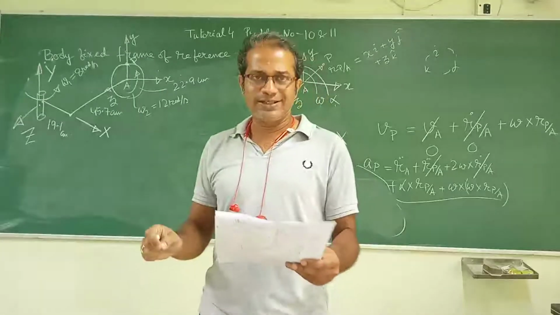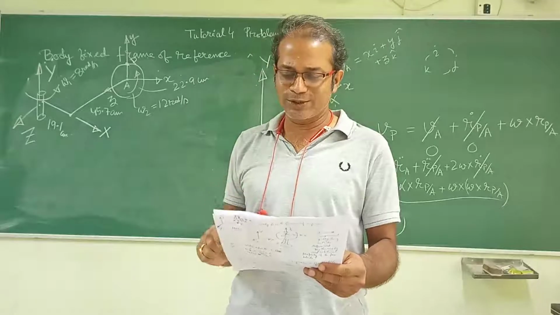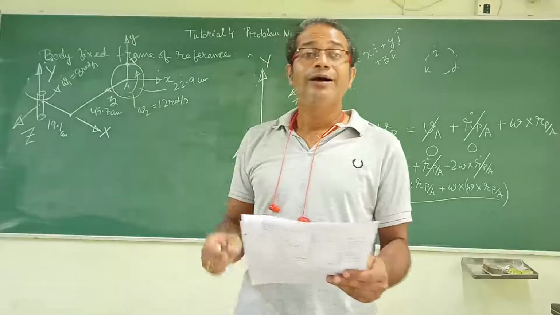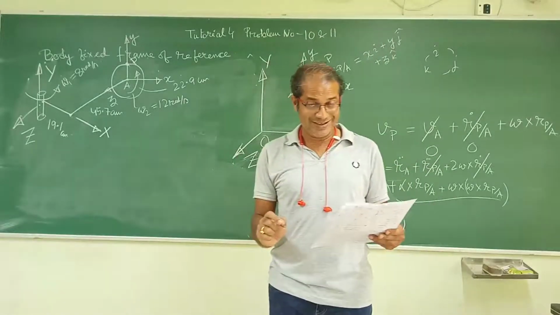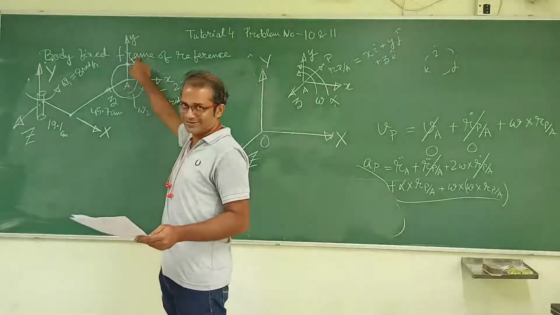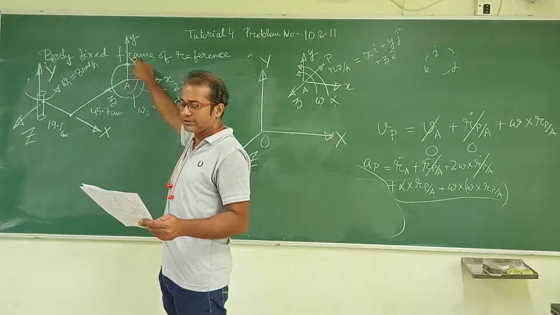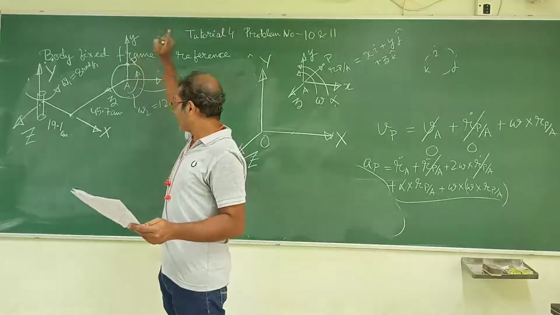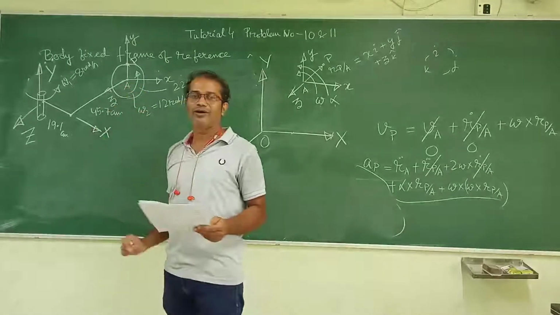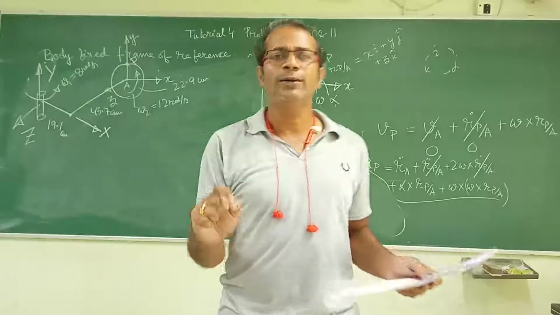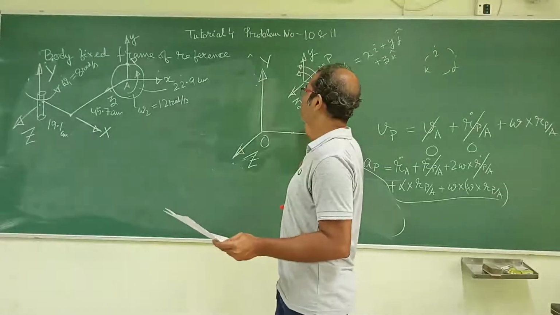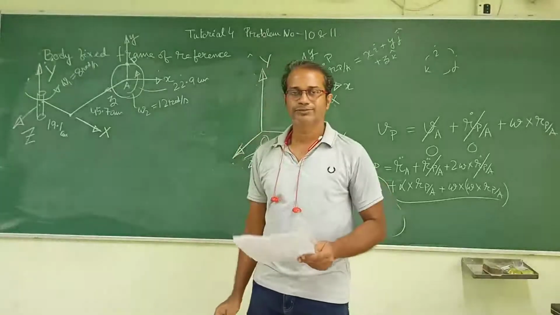The problem statement is telling us to find out the velocity and acceleration of point A, but I am just changing the A point to P point. I have to find out the velocity and acceleration of P point, and I am marking this A point as the center or the origin of the body fixed frame of reference, just to keep parity with this P, right?